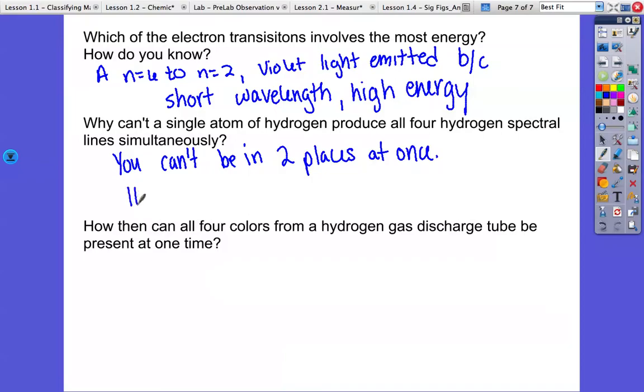A hydrogen atom has one electron. So it can only go through one transition at a time.